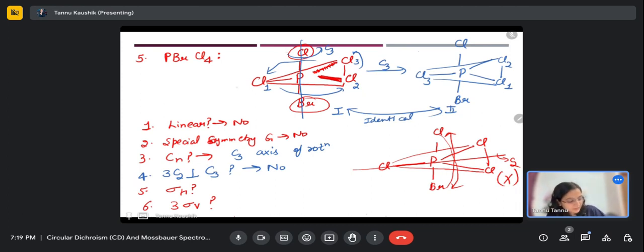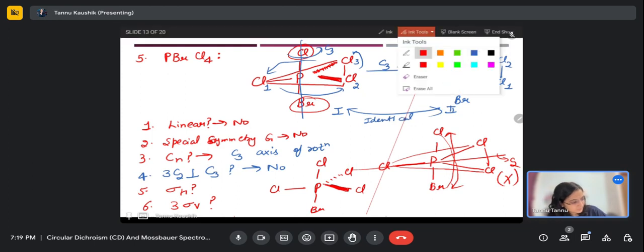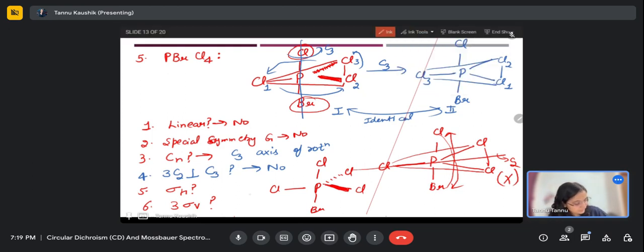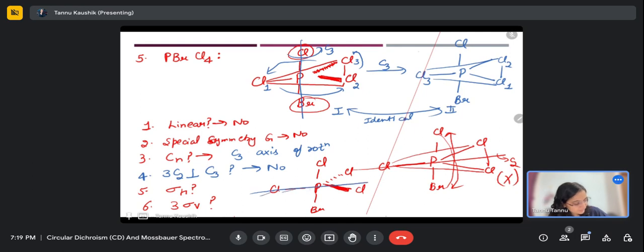There will be 3 sigma V planes passing through each phosphorus chlorine bond, and they will be containing this bond on it.